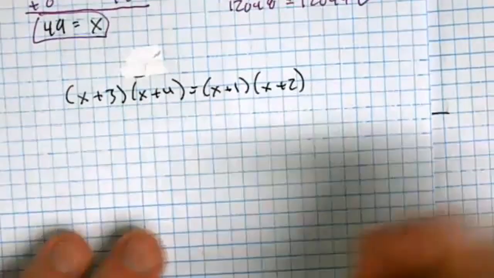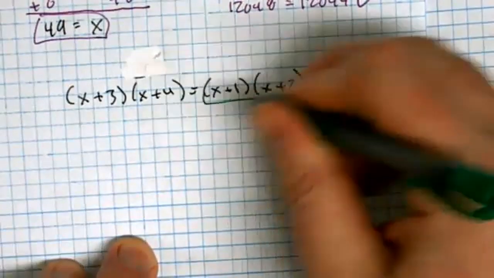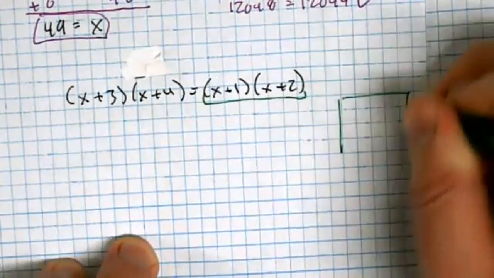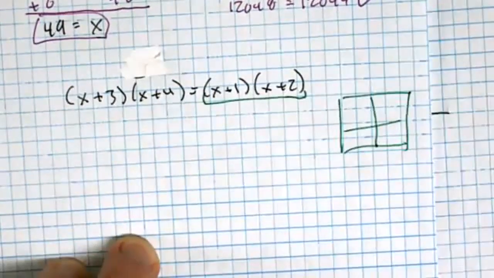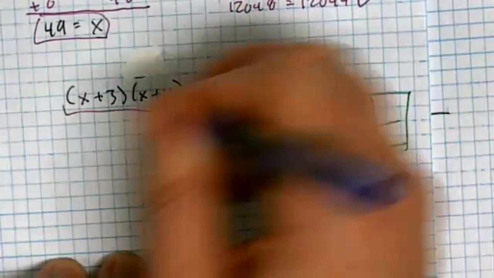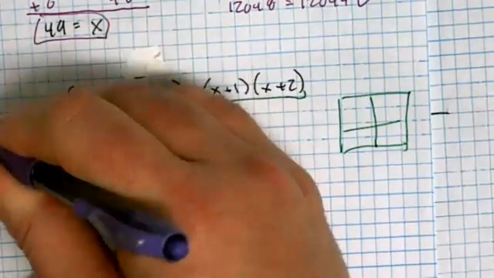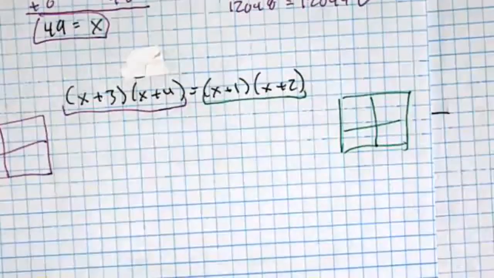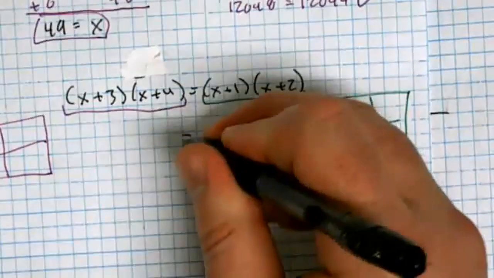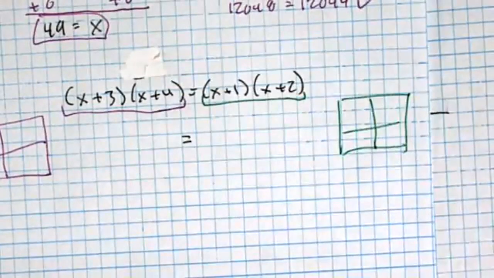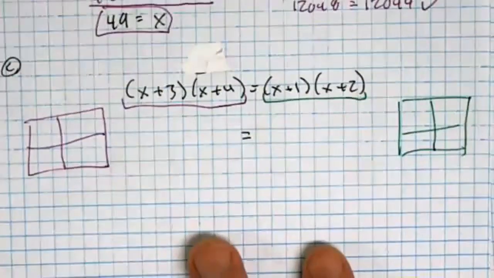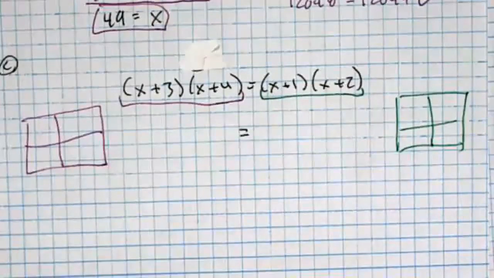Because you're going to need to do a box for this side. And you're going to need to do a box for this side. All right, get after it. I'm going to circulate and answer questions. Please get my attention if you're having any trouble with these.